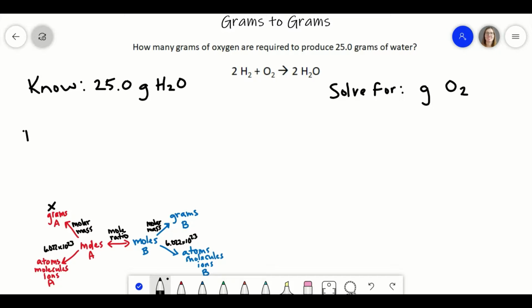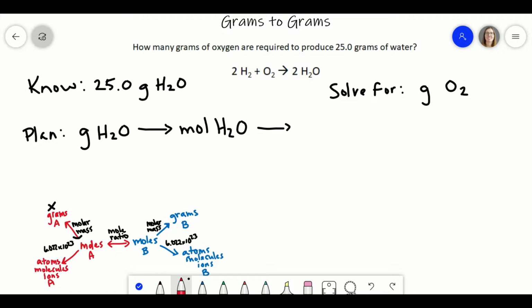So our plan: grams of H2O. From there, we're going to go to moles of A, which would be moles of our H2O, and we're going to do that using the molar mass.